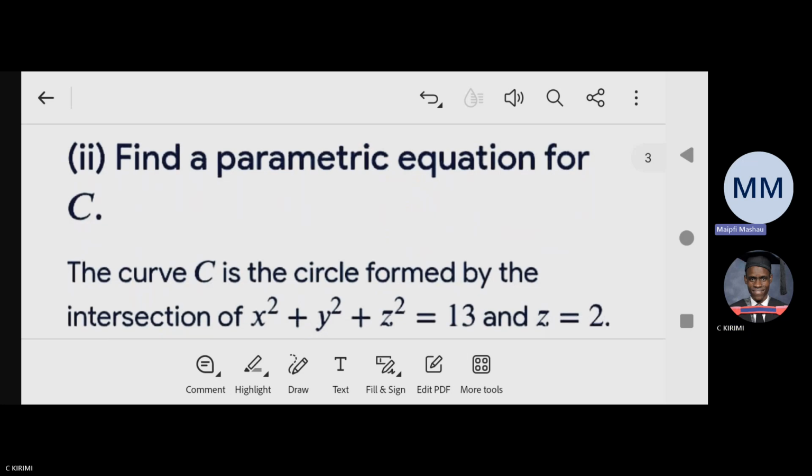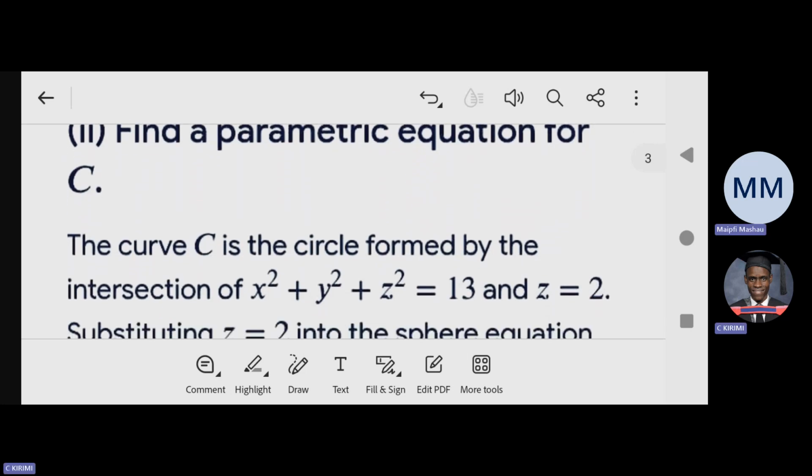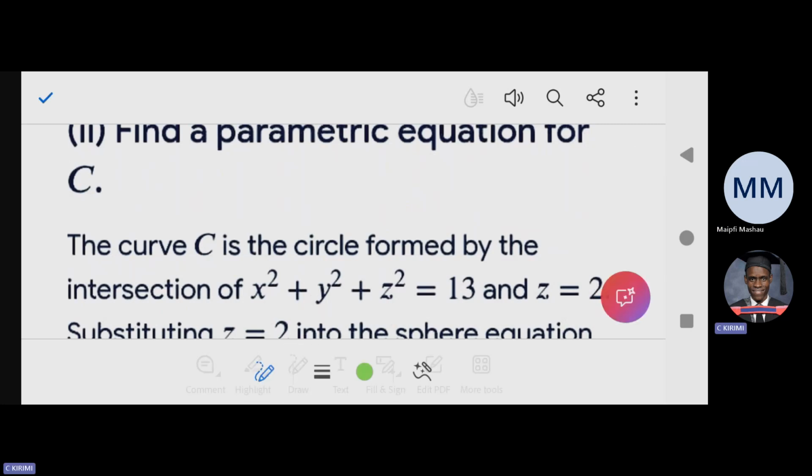The curve is the circle formed by the intersection of this sphere and z equals 2, the plane. Remember, a plane which passes through z equals 2.